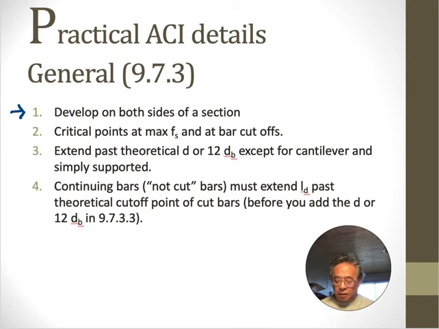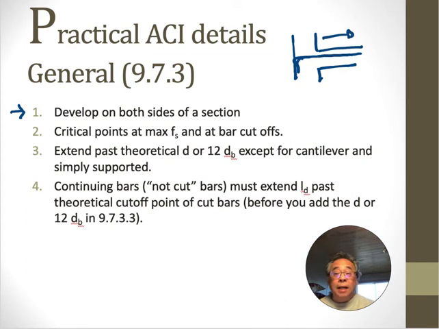So what that means, if you had a situation like this, you need to develop on that side, and you need to develop on this side. You have to have the hook development length long enough, and you have to have the straight bar development length long enough. The critical points that you need to check are maximum stress and where you cut the bars.